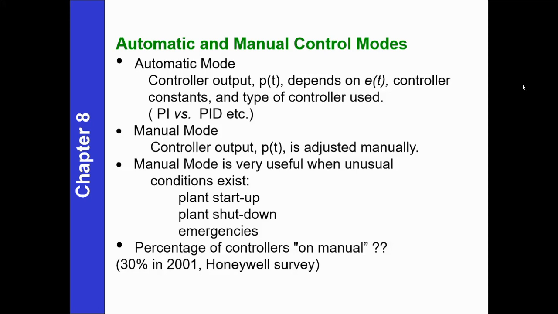Manual mode is very useful when unusual conditions exist, for example, for plant startup or plant shutdown, as well as for emergency. So what is the percentage of the controllers that are manual or automatic? Based on Honeywell, a well-known control system manufacturer, in 2001 they mentioned there are 30% of controls still on manual.